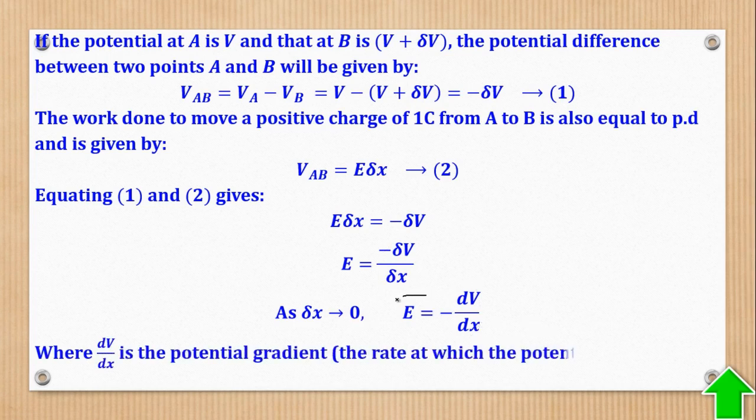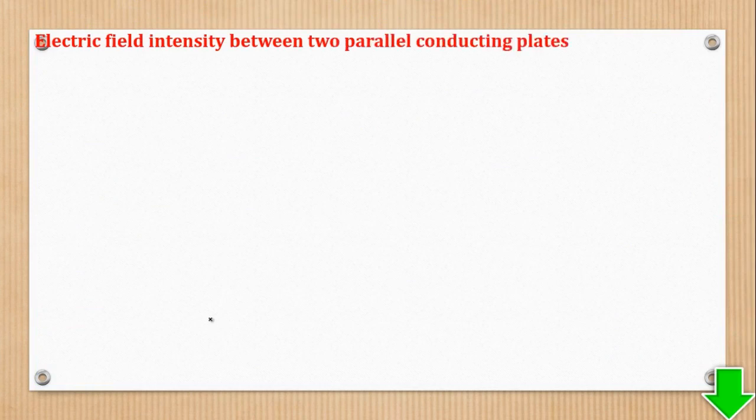And basically this is the relationship between intensity and potential. dV/dx is what we call the potential gradient, and it is the rate at which potential rises with distance. So this is the relationship we wanted, and now we can go ahead to get the formula of electric field intensity between two parallel conducting plates.